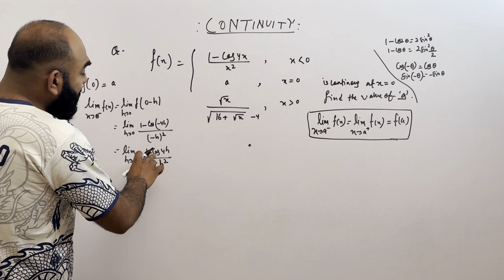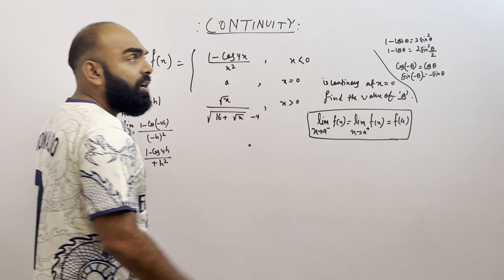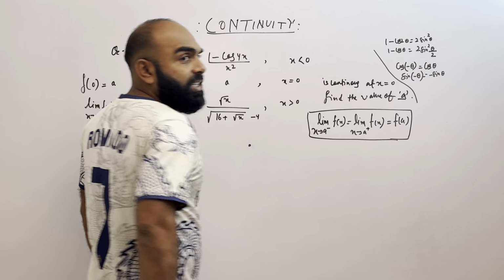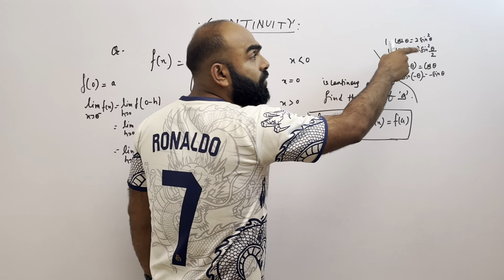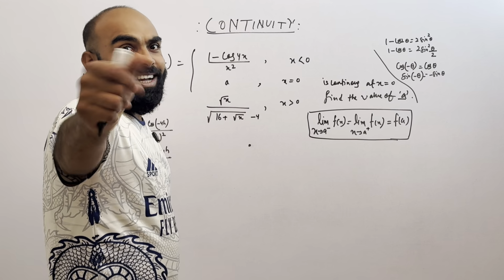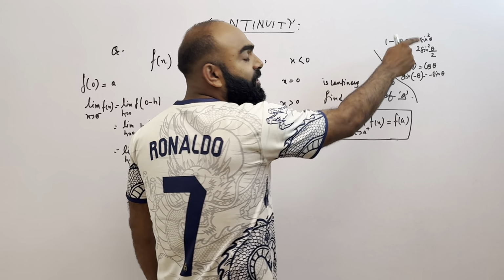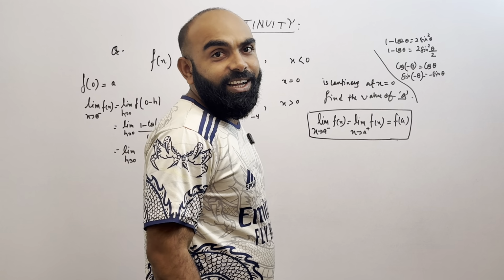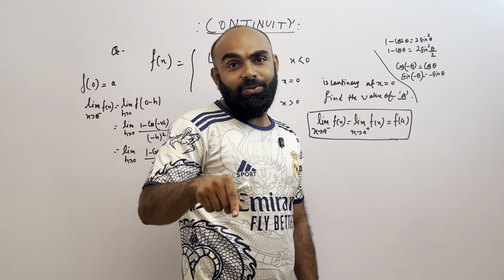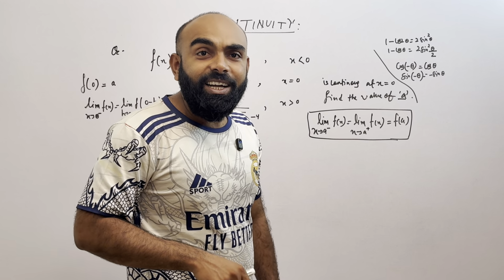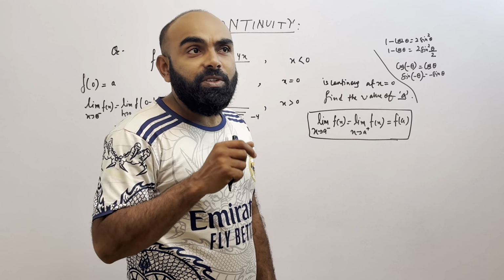1 minus cos 4h. 1 minus cos 2 theta is 2 sin square theta, and 1 minus cos theta is 2 sin square theta by 2. So for 1 minus cos 4 theta, the same sequence I will follow.